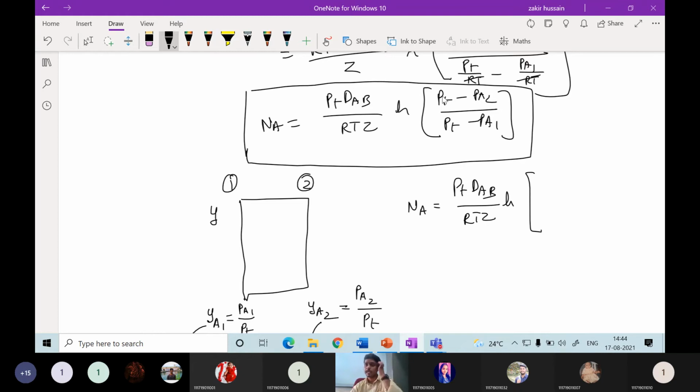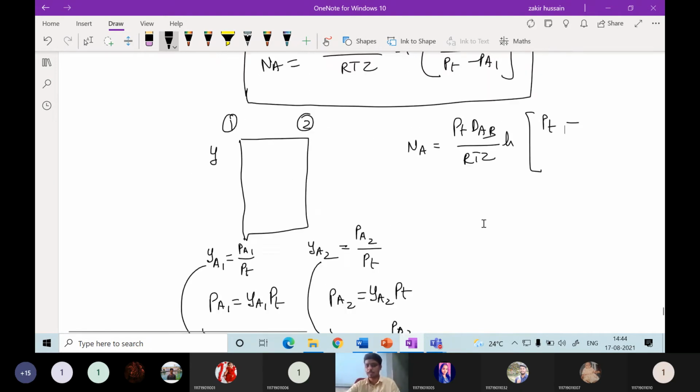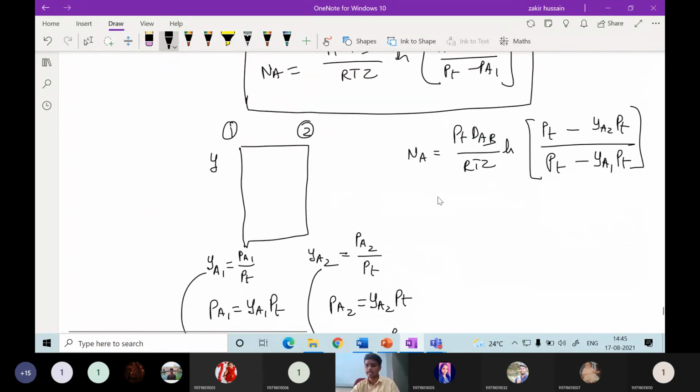Then ln of Pt minus, in place of Pa2 we can substitute Ya2 into Pt, divided by Pt minus Ya1 into Pt. Therefore, we can take common Pt.